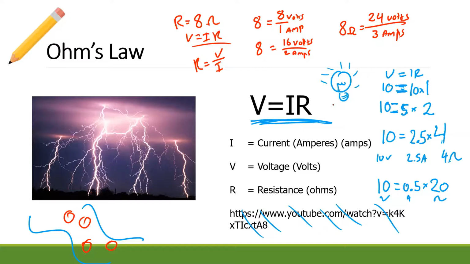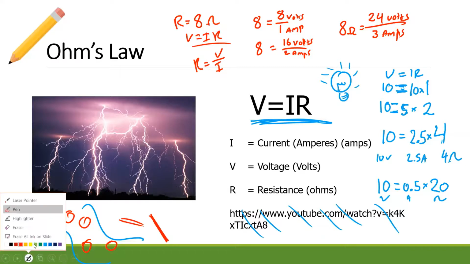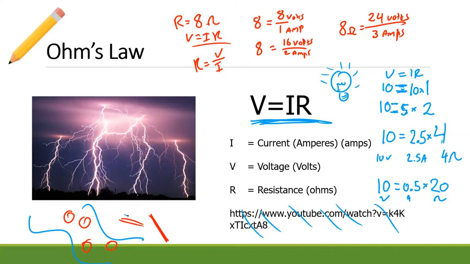If you give your electrons more and more push, if you increase the slope of your mountain, then your flow down the river is going to go from slow to really, really fast. And that's the same thing. If you give your electrons more push, then you can make them move faster, as long as the resistance stays the same.